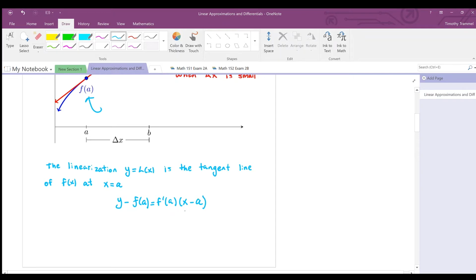And so all the linearization is, if we just solve for y here: L of x is equal to f of a plus f prime of a times x minus a. There's our linearization.